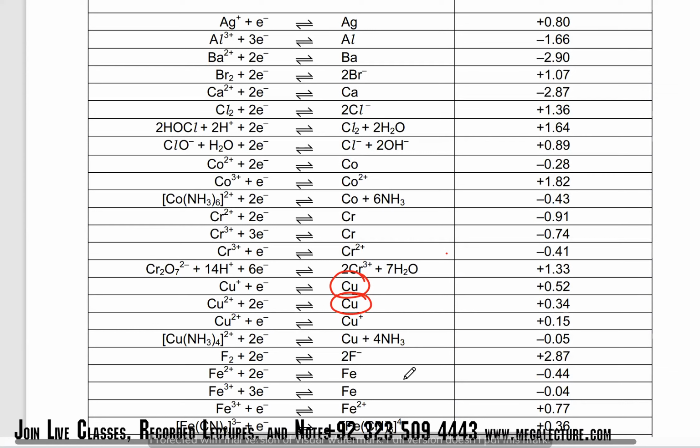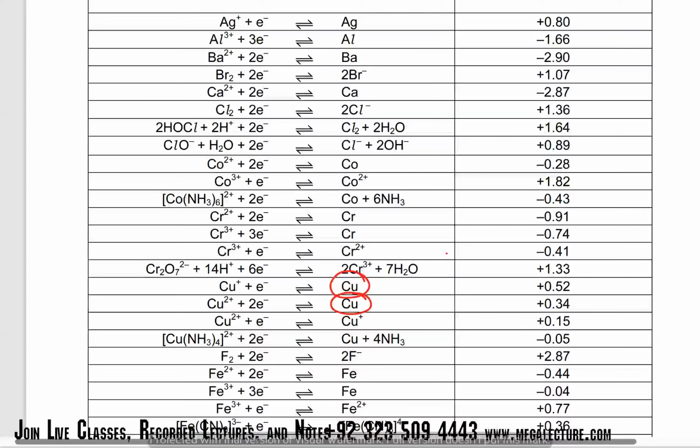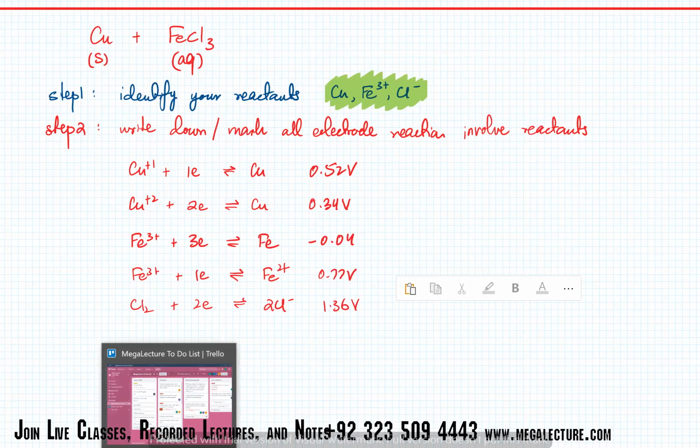The Fe3 plus with 3 electrons was minus 0.04. And the first one, which was copper plus 1, was 0.52. So I wrote down all electrode reactions that involved my reactants.